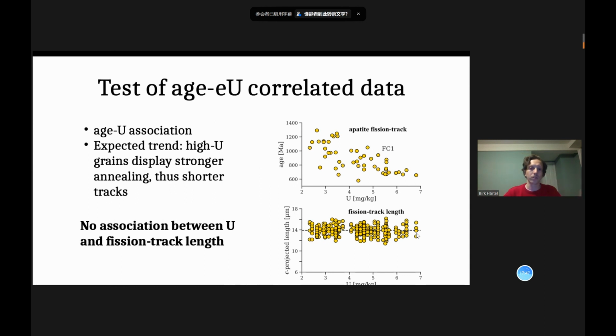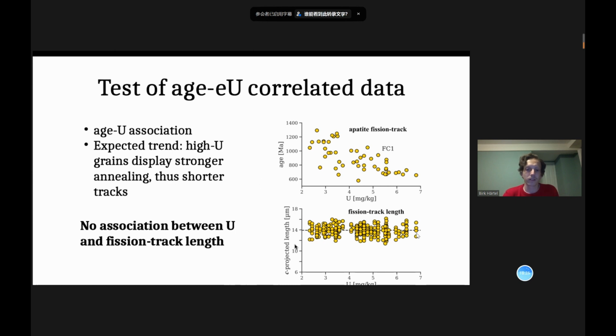And of course, if we wanted to monitor fission track annealing, we used the fission track length. So we measured lots of fission track lengths within these FC1 grains, and we also plotted it against uranium. So if for this sample the radiation damage enhanced annealing hypothesis is true, we would obviously expect that the grains that have most uranium and most radiation damage should also have shorter tracks than the ones that have lower uranium.